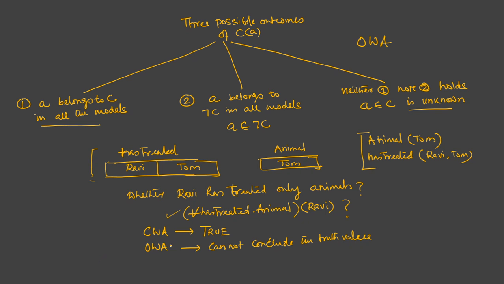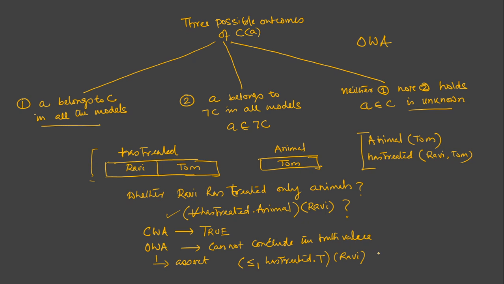So to ensure this becomes true under OWA, we need to assert the fact that Ravi has treated at most one thing. The description logic way of saying this is, Ravi is a member of the class of things that have treated at most one thing, and we make Ravi a member of this, right?